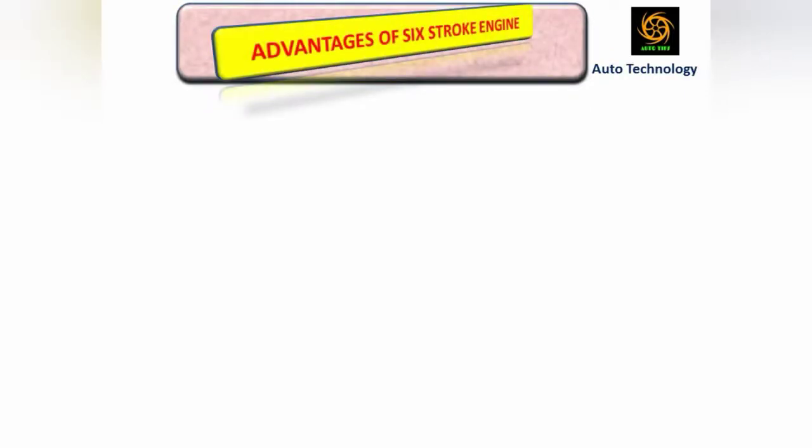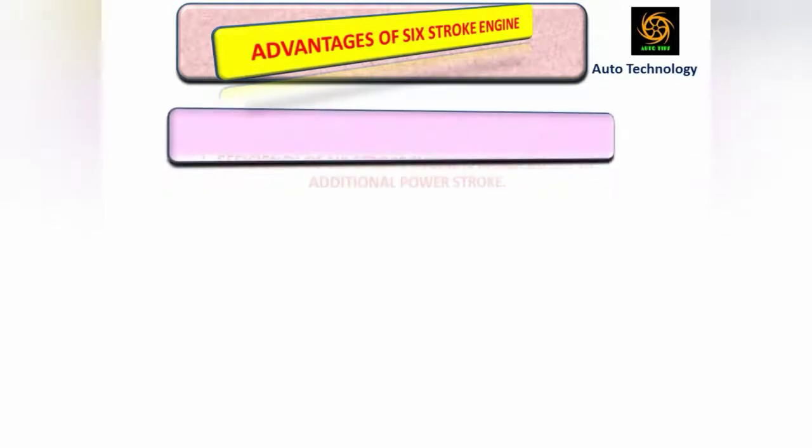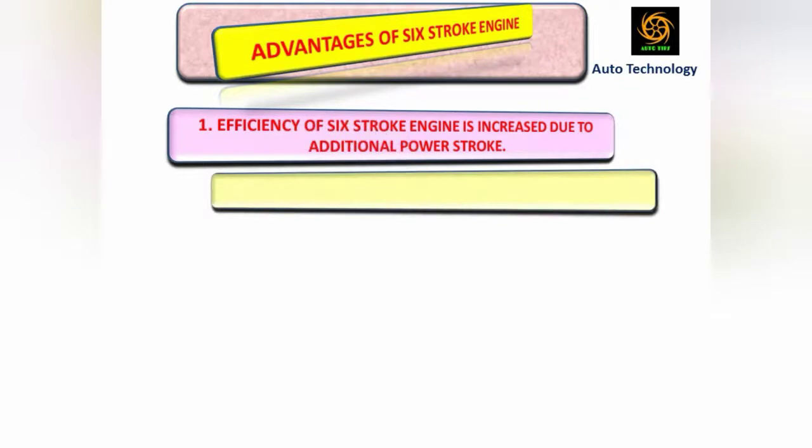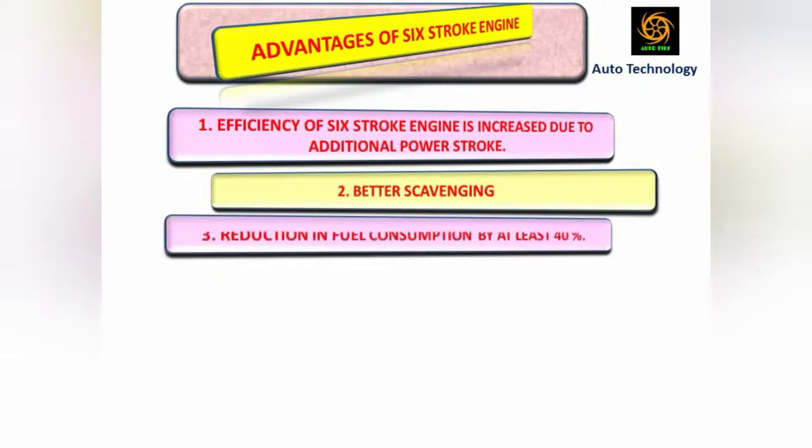The 6-stroke engine is in the working stage, so research is continuing even now. The 6-stroke engine has various advantages. First is the efficiency of the 6-stroke engine is increased due to the additional power stroke. Second is better scavenging. Third is reduction in fuel consumption by at least 40%.